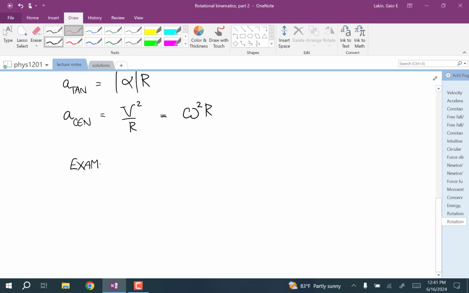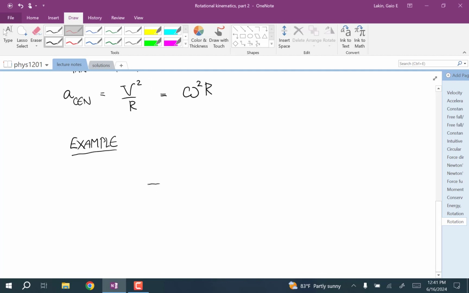Okay, so let's see how this works in an example. So let's say we have a board like this, and that's the fixed point or the pin, and this distance is 0.75 meters. This distance is 0.25 meters, so the whole thing is 1 meter long. And this is the point P where we're going to calculate the velocity and acceleration.